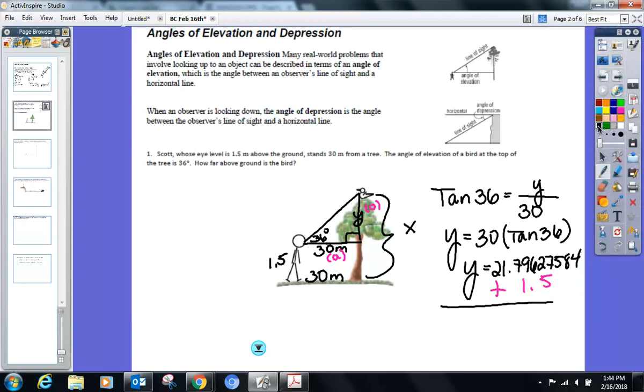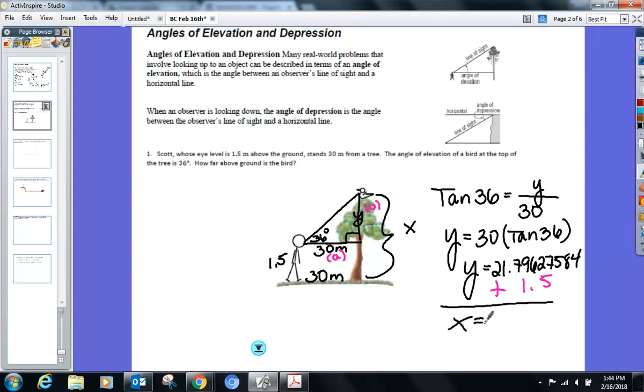Nearest tenth. So nearest tenth, what are we looking for? 23.3 meters.